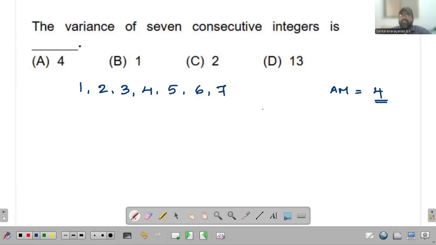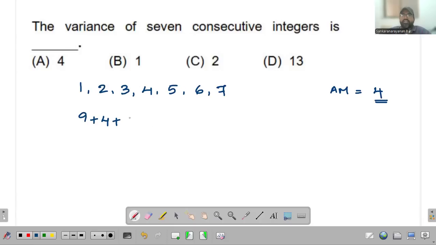My first job is to find out how much 1 is deviated from 4. 3 units. Square of that, 9. 2 is deviated from 4 by 2 units. Square of that, 4. 3 is deviated from 4 by 1 unit.